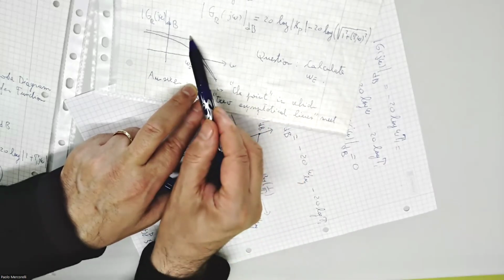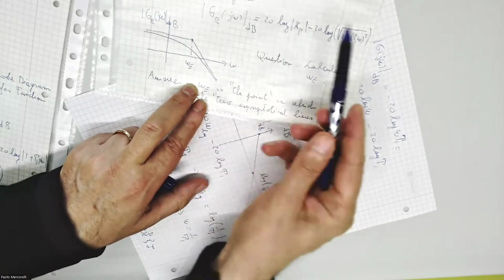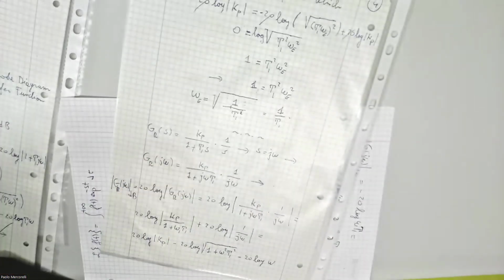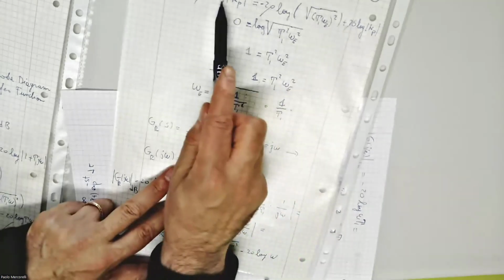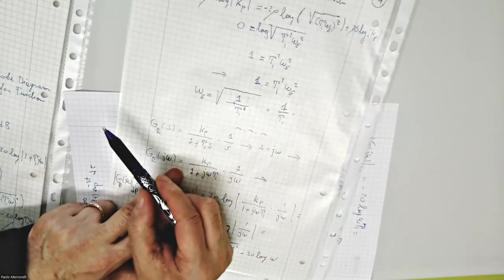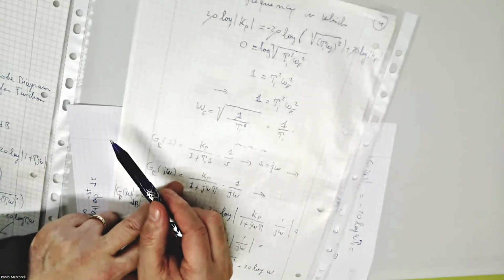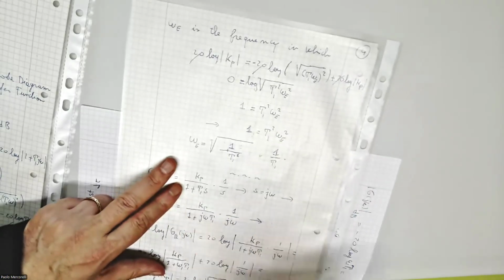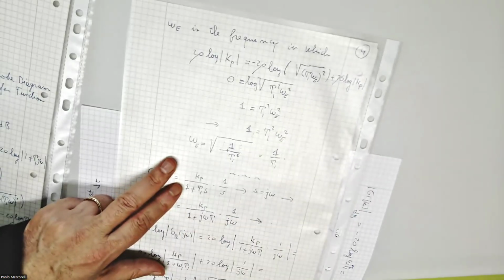But of course, close to this point, I cannot neglect this. Doing these calculations, I will obtain results. Cancel this, and this 1 divided by 1. Let me see if I can justify these calculations a little better.